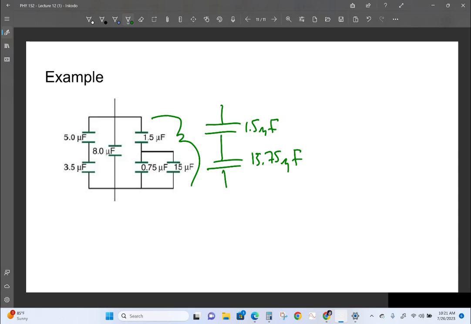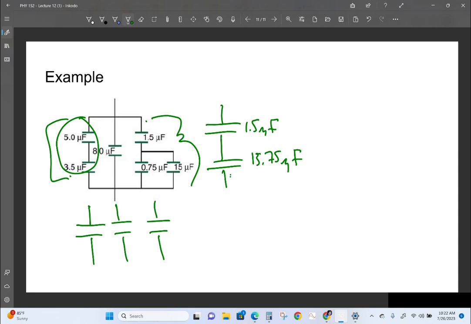And it looks like these two are in series, and these two are in series. So these two are acting like one capacitor, and these two here are acting like one capacitor. What I need to do is find the equivalent of these two. Well, they are in series.